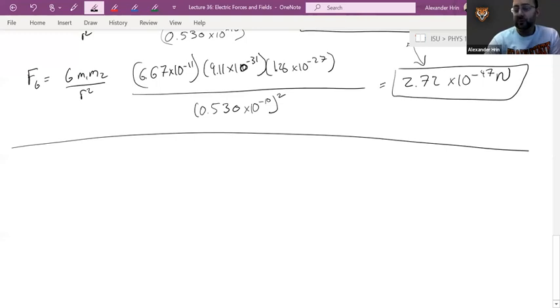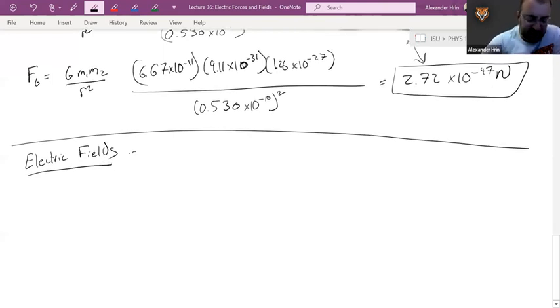All right. Next thing I want to talk about, electric fields. Basically what electric fields are, and even other fields, like gravitational fields, you can adapt this to other different types of fields.